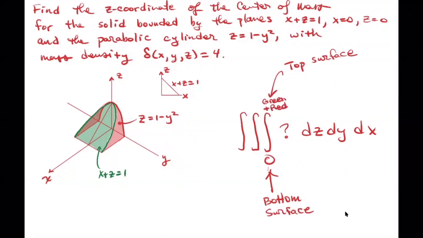I can't do 2 surfaces as a top unless I want to split this into 2 different integrals, and it looks really bad to go from bottom to top. Can you guys see the top is made of the green and the red, and that I can't have 2 top surfaces? The upper limit needs to be just 1 surface.